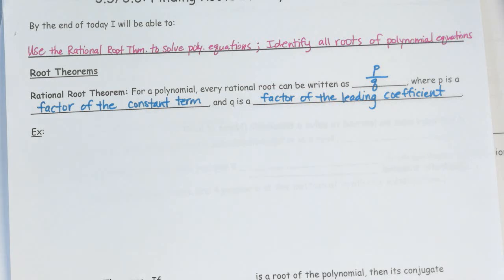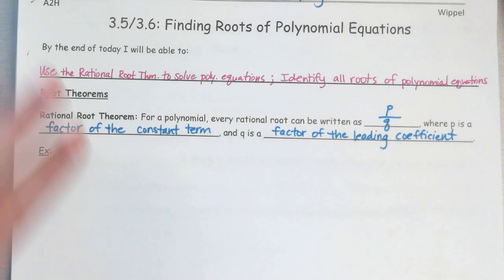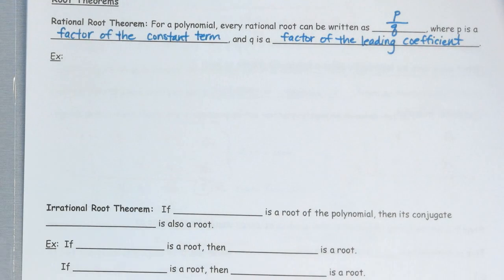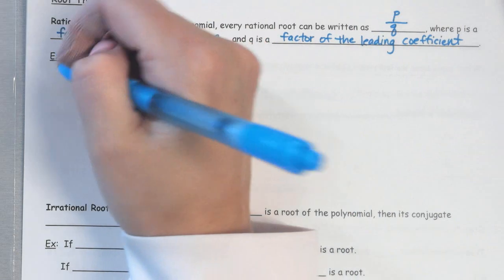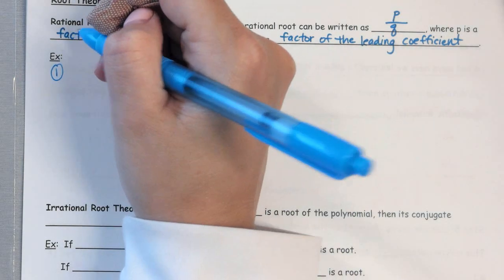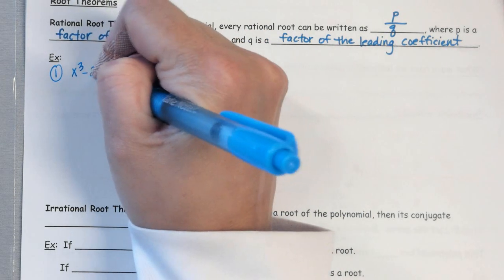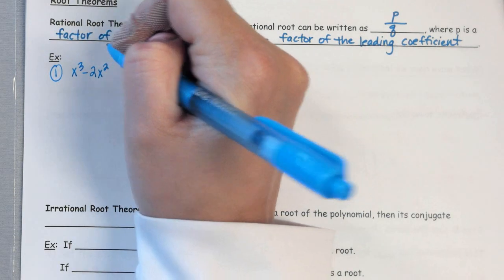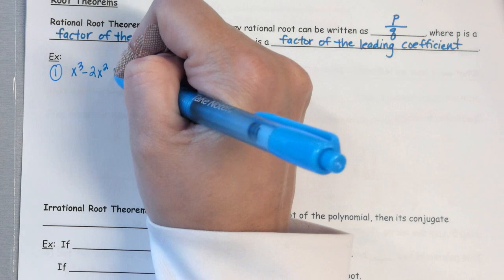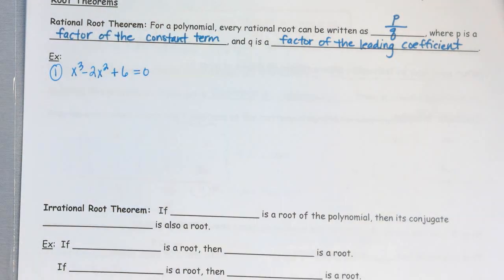All right, so our first example is x cubed minus 2x squared plus 6 equals 0.